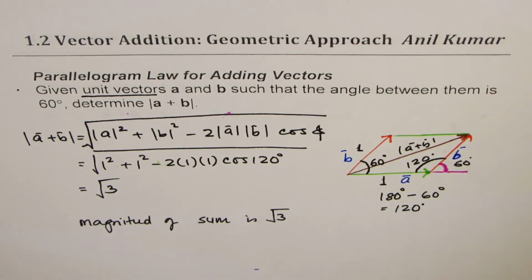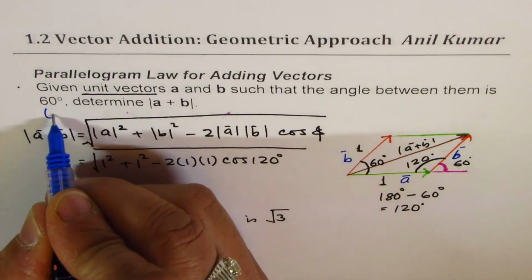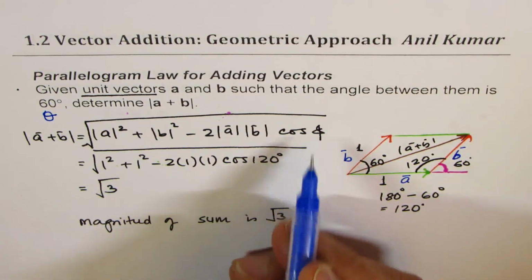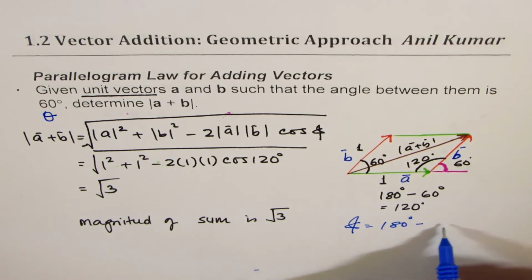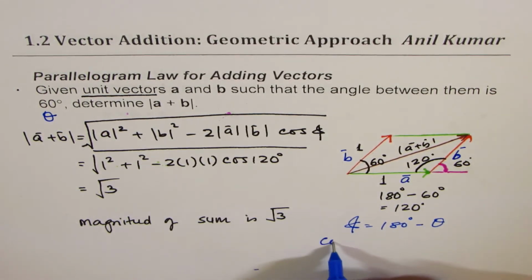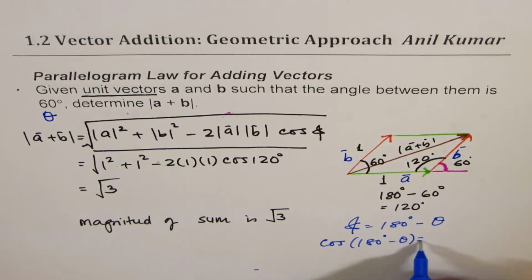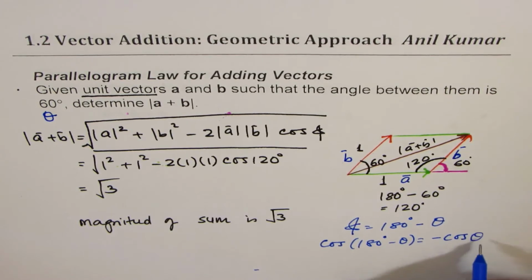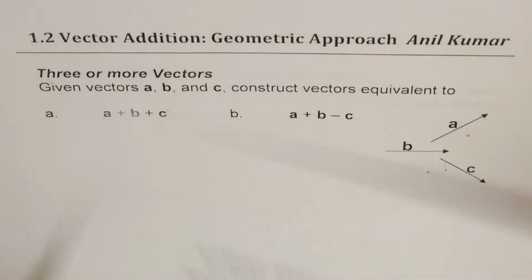You will now notice here, if the angle given to us is, for example, theta, then in the formula phi is 180 degrees minus theta. That is important to understand. And you should also know that cos of 180 degrees minus theta is minus cos theta. So we are going to use this formula in one of our applications. Okay, let's move on.